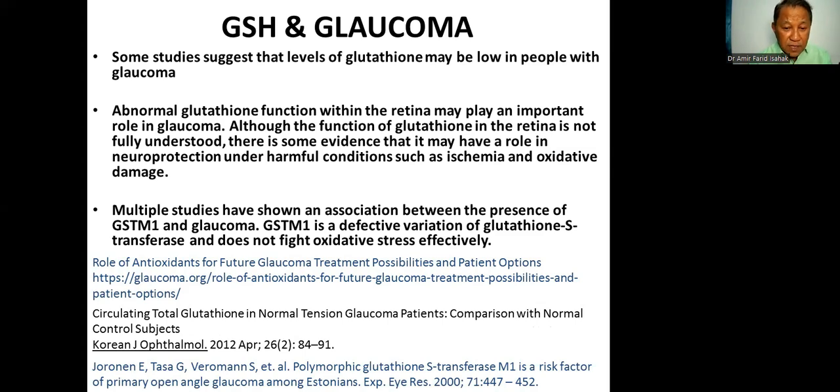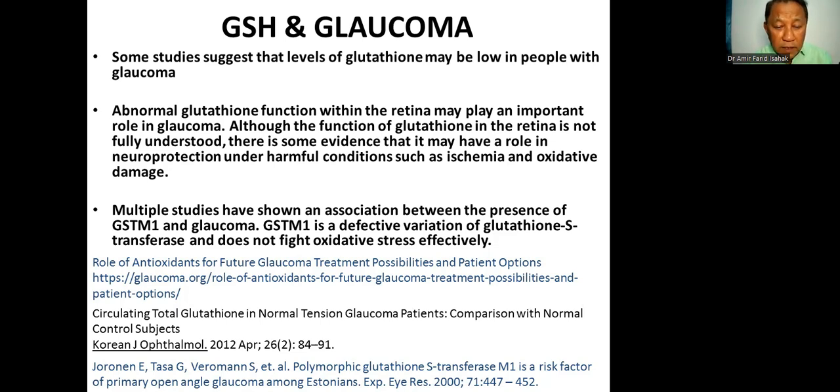What is GSTM1? GSTM1 is a defective variant of glutathione S-transferase. That is one of the enzymes in the glutathione system, and glutathione S-transferase, or GST, is involved in glutathione's work with protein. Glutathione is the substrate. GST-M1 does not fight oxidative stress as effectively as the other variant.